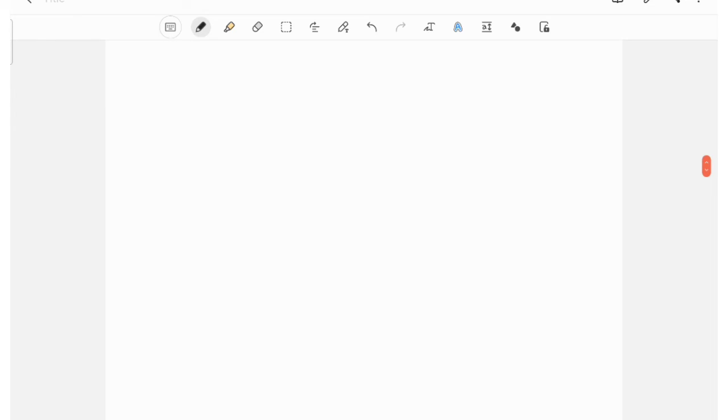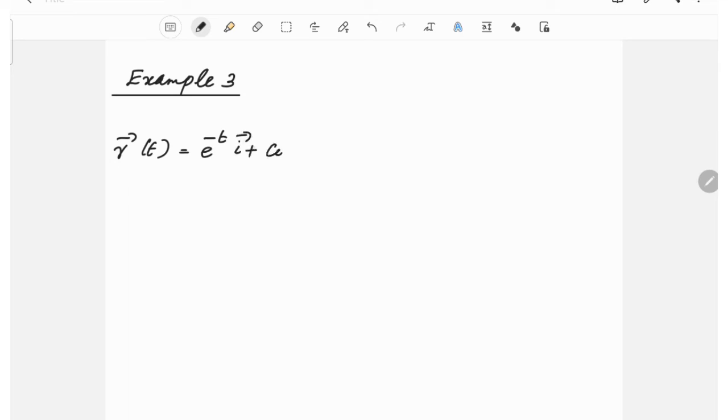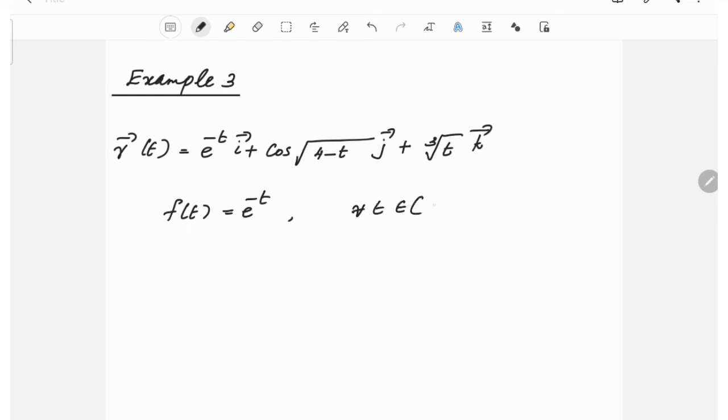Next we have another example. Find the intervals on which the function vector r of t equals e raised to minus t i plus cos root 4 minus t j plus t raised to 1 by 3 k is continuous. Here f of t is equal to e raised to minus t, and it is defined for all t in minus infinity to infinity.